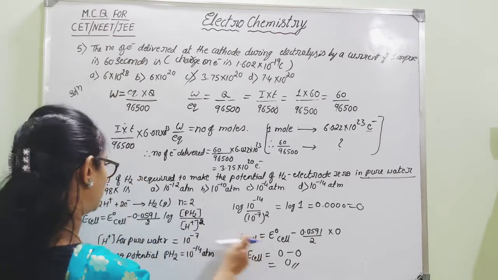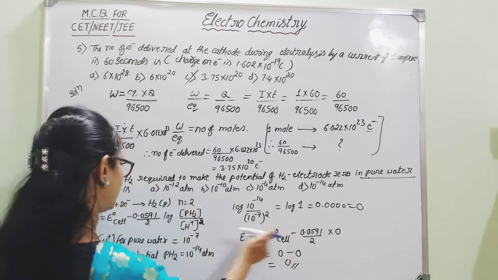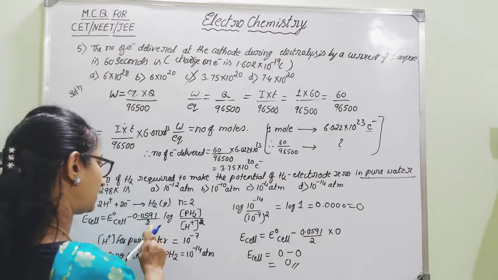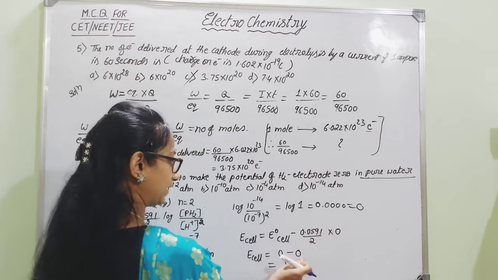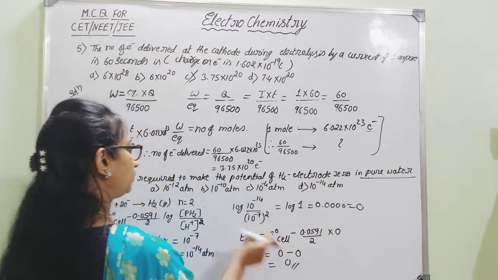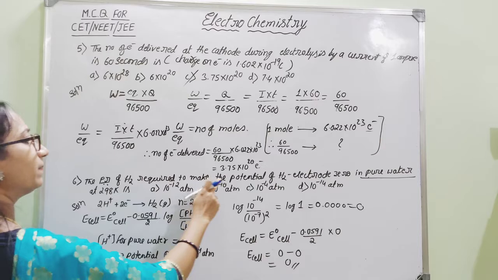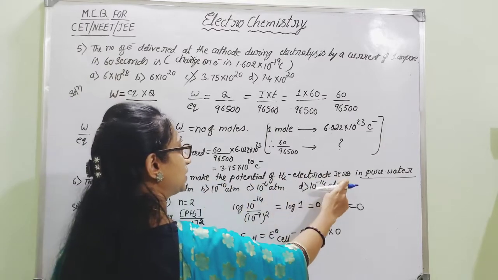Now here we can consider E cell is equal to E naught cell minus the same, 0.0591 by 2 into log value. Any number multiplied with 0 will give 0. E naught cell value is given as 0, because they have mentioned potential of hydrogen electrode 0.